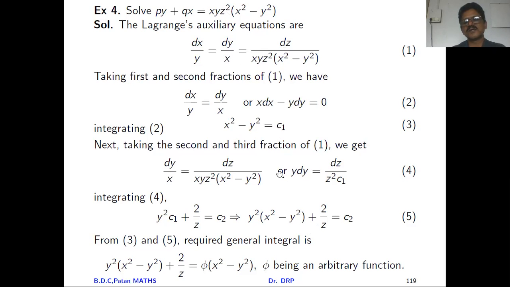But if you consider these two solutions in the form of phi of u comma v equal to 0, or u equal to phi of v, then that becomes the general integral of this Lagrange's equation, that is of the type Pp plus Qq equal to R. So the required general integral you will get is v equal to phi of u, where phi is an arbitrary function.